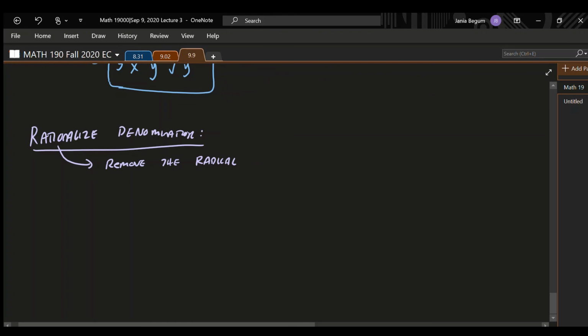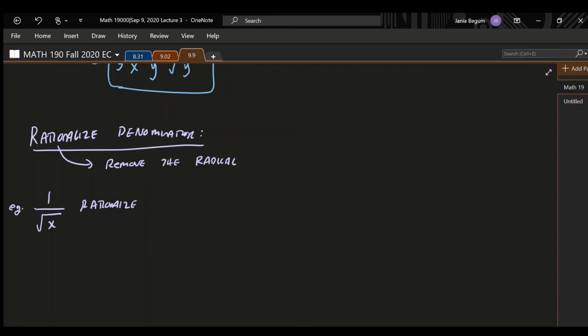So for example, say I have 1 over square root of x, and I want to rationalize. If I want to rationalize, well, I need to get rid of the radical from the bottom. Have you guys seen this before? Okay.